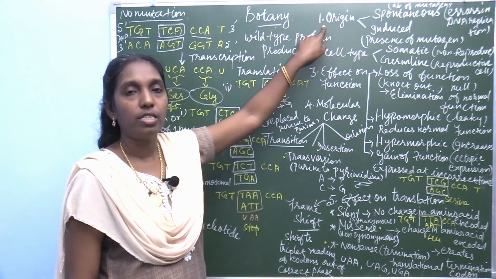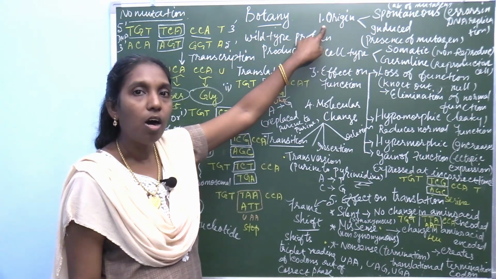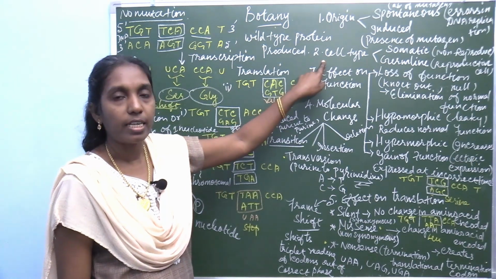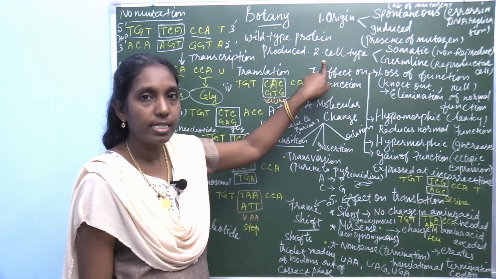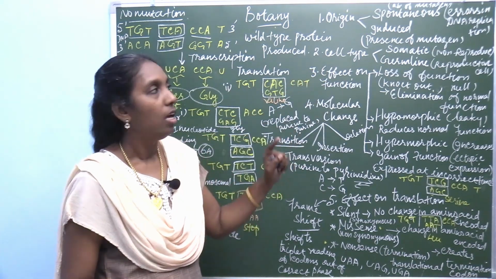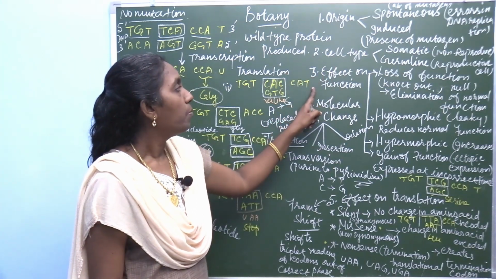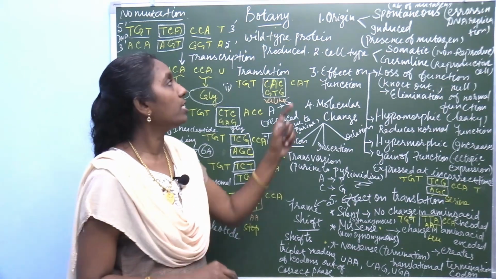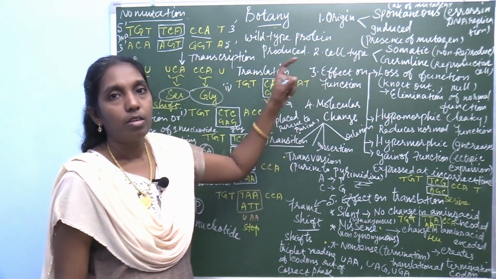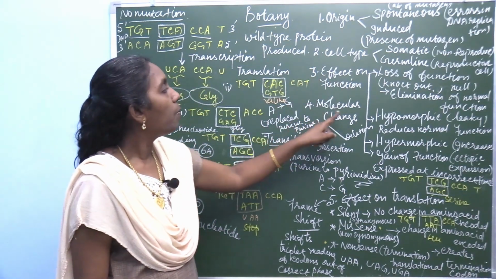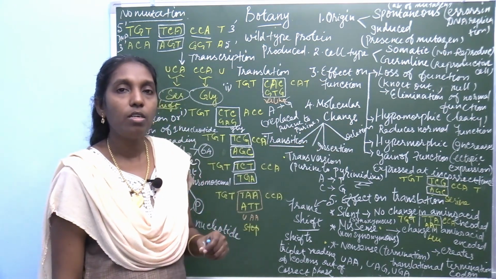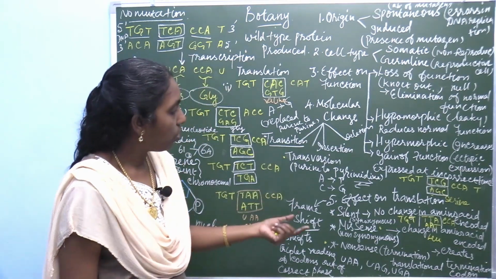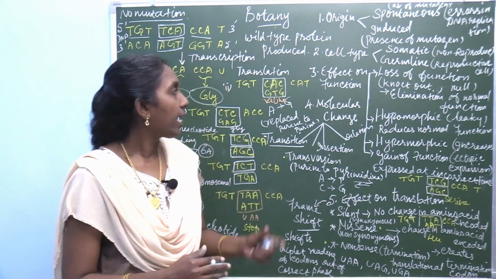First classification is based on origin. Second classification is based on cell type. Then there are types based on the effect on function of the gene, based on molecular changes, and based on effect on translation.